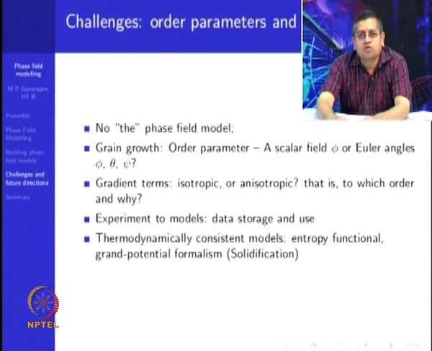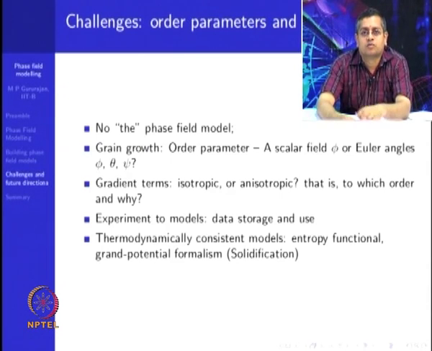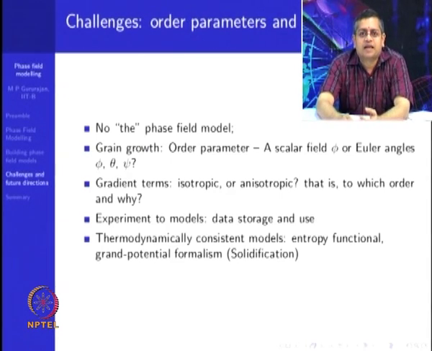In which case, how you incorporate the anisotropy is one of the important problems, and there are methodologies that are being developed, including in our group here. So, there are many different ways in which you can incorporate the anisotropy into the model, and there is also the problem of making a connection between the phase field models and experiments.